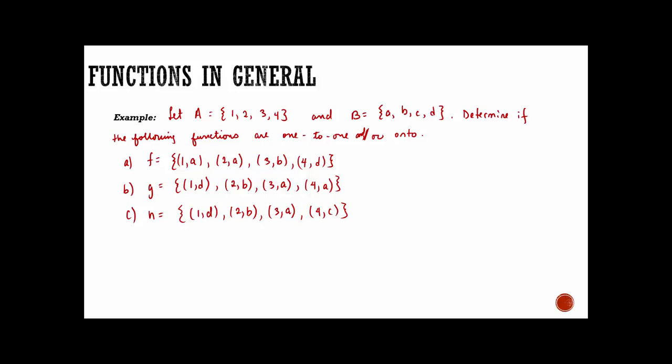Okay, so you're going to write down on a piece of paper, and you tell me if f is one-to-one and if f is onto, and you do the same thing for g and h. So for f, is it one-to-one or not, is it onto or not; for g, is it one-to-one or not, is it onto or not; and the same thing for h.